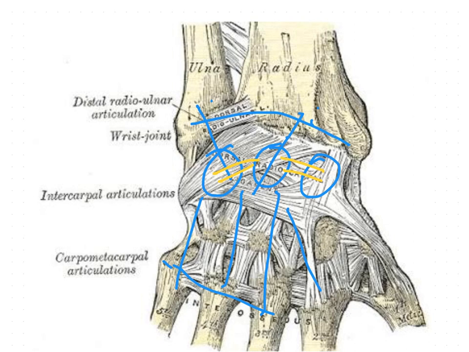So the intrinsic ligaments are intercarpal ligaments, whereas the extrinsic ligaments are connected from carpals to radius and ulna proximally and distally to the metacarpals. Okay, now we will see these ligaments, volar carpal ligaments and dorsal carpal ligaments.